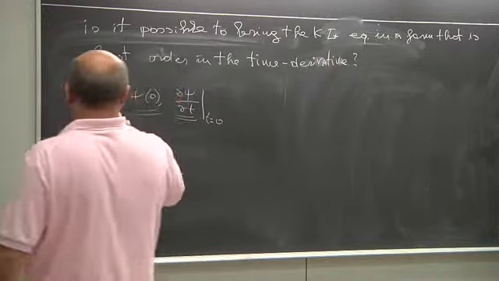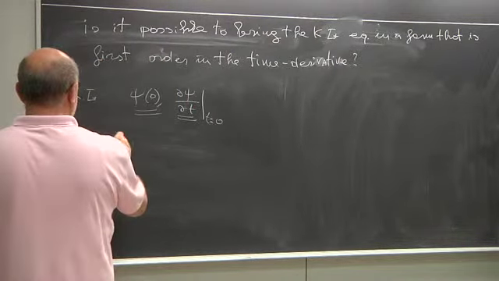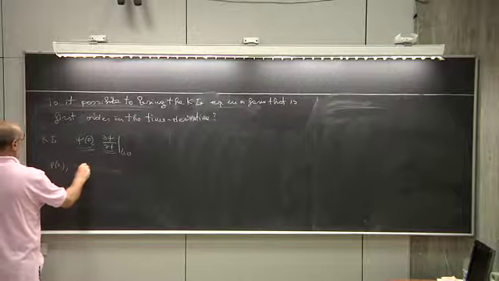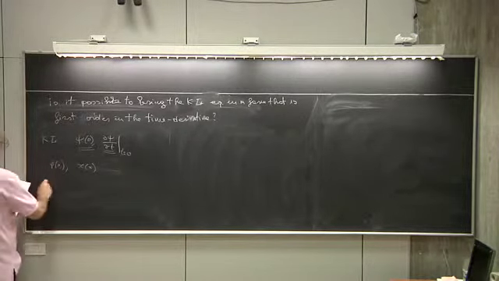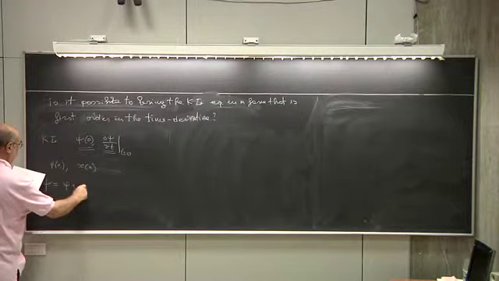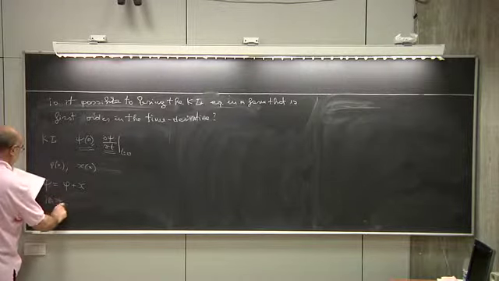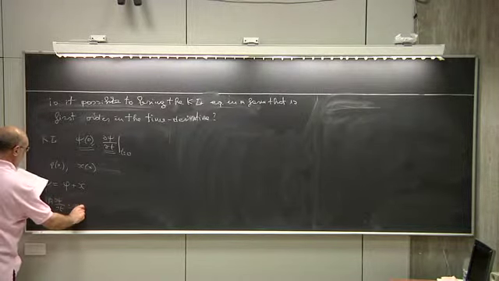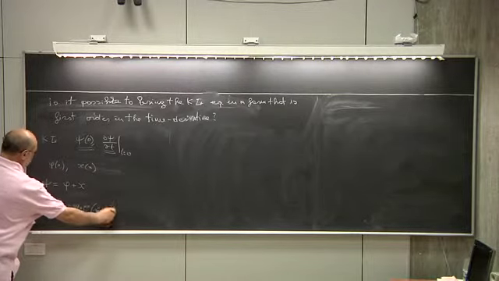So let's introduce two new quantities, phi of x and chi of x, related to psi in the following manner. Psi equals phi plus chi, and i h bar d psi dt equals m0 c squared times (phi minus chi).